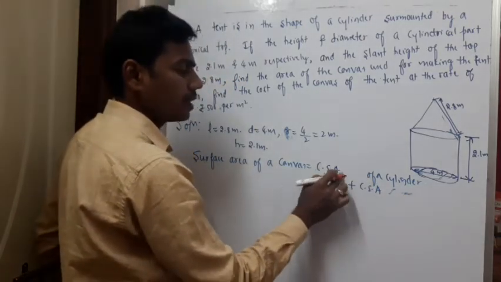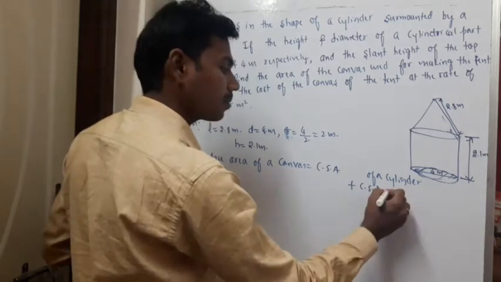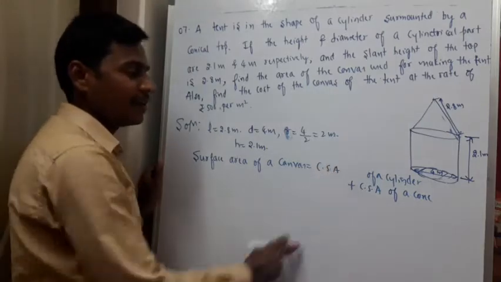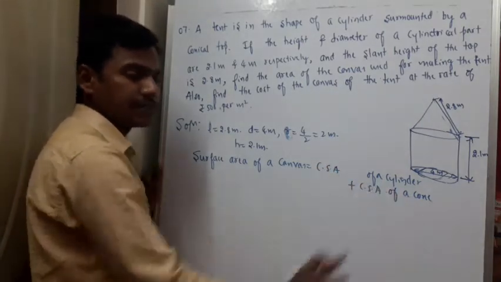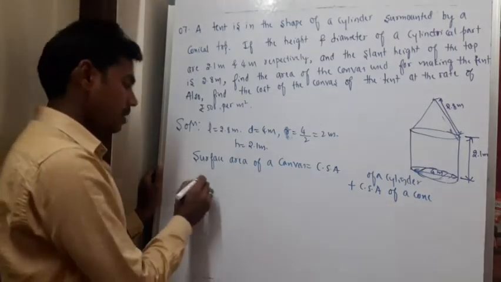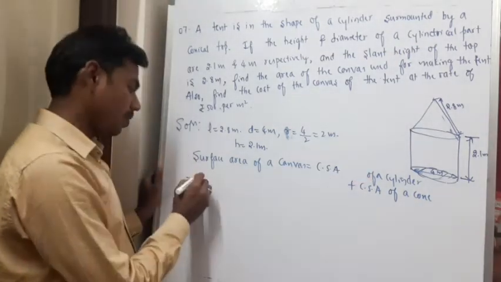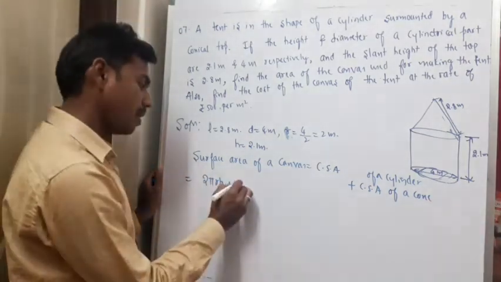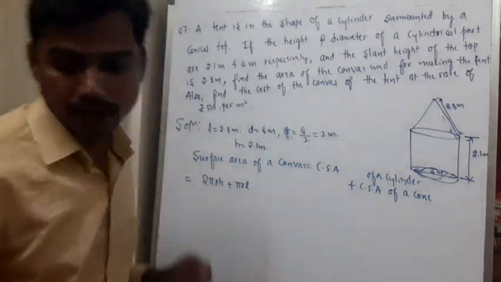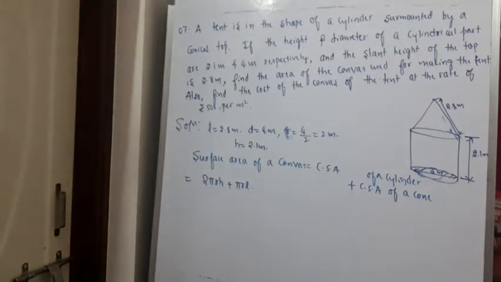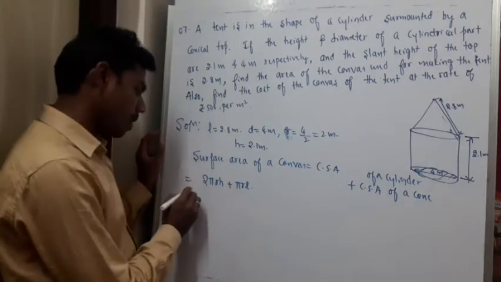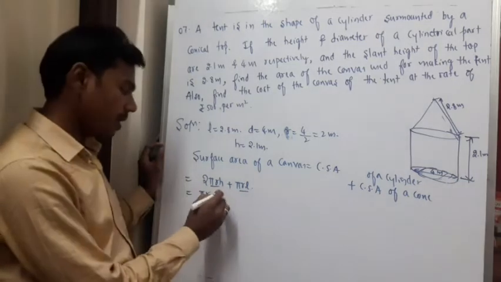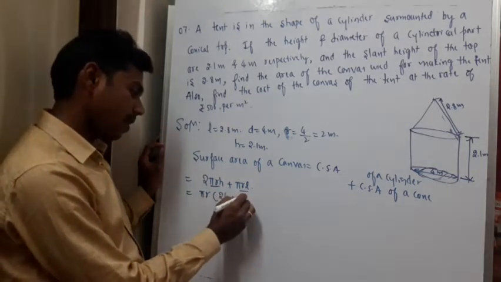We need not write the full names. Now, what is the curved surface area of a cylinder? We know that is 2 pi RH. What is the curved surface area of a cone? That is pi RL. Yes. Now, what is common? Pi R is common. So what can I take out? Pi R, and 2H plus L is left.